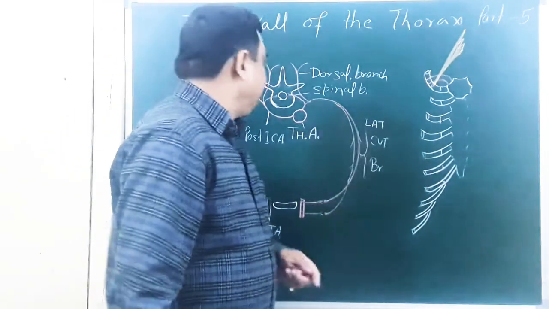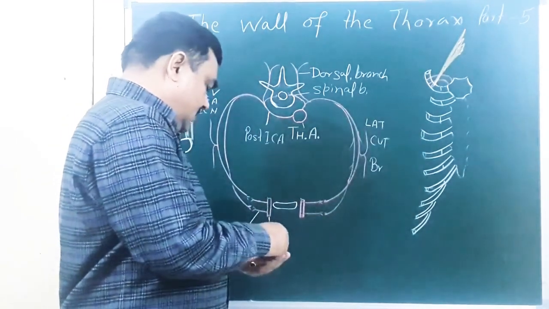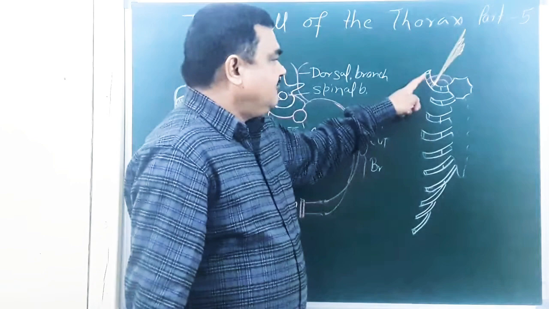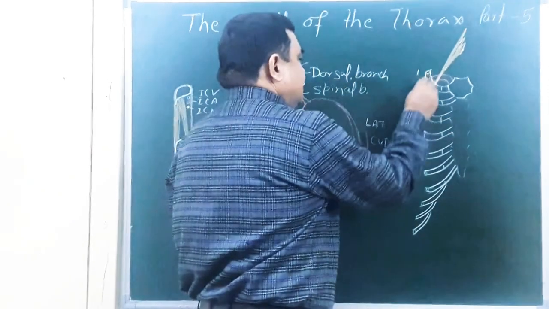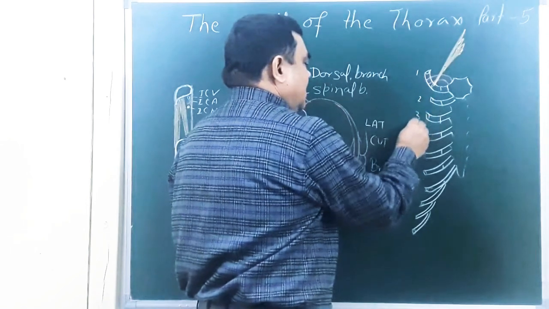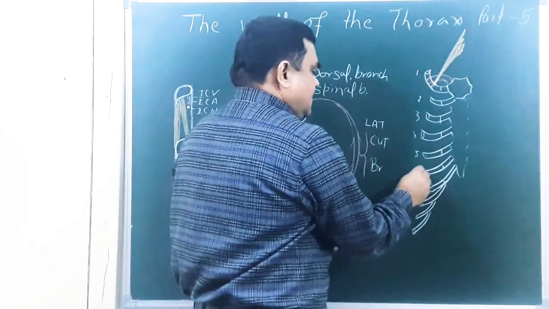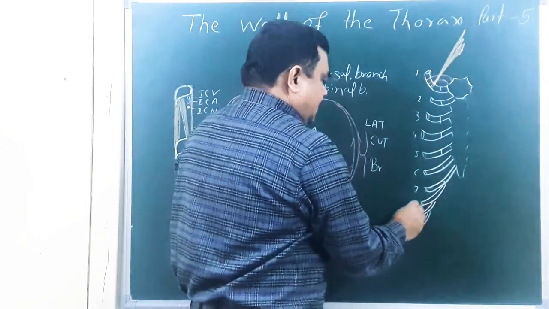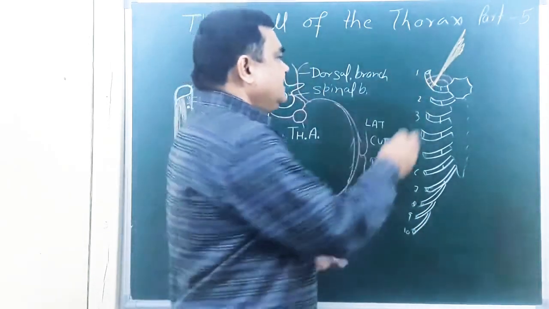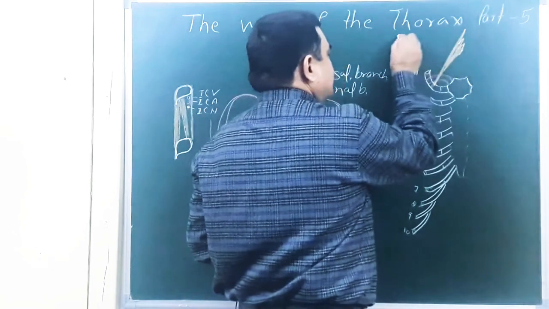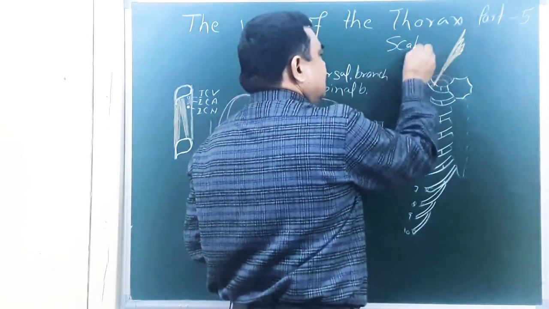In this diagram, you can see this is the first rib, and then second, third, fourth, fifth, sixth, seventh, eighth, ninth, 10th rib. This is the scalenus anterior muscle.